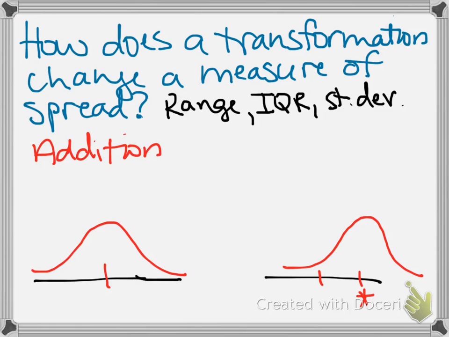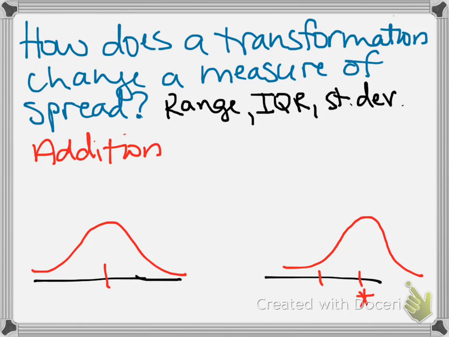But, again, you have to use your imagination a little bit, it does not affect your measures of spread. Your range, your interquartile range, or your standard deviation are not going to change if you're just shifting the data. That's because the overall shape of the graph is not going to change at all. It's not going to get any wider or any narrower. It's just moving over a certain number of units.